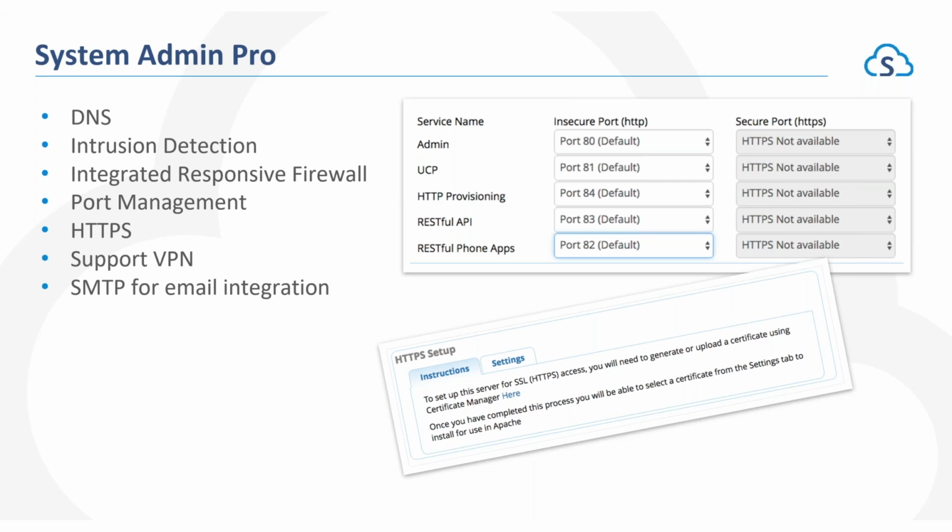It has an embedded support VPN in it, so you can open up a VPN so our support people can look into your system, get into your system, and help you with any configuration or bugs that need to be fixed. And it also includes SMTP setup for email integration, which of course is necessary. So for voicemail notifications, voicemail to email, and all those kinds of interesting things. So every FreePBX should have this.